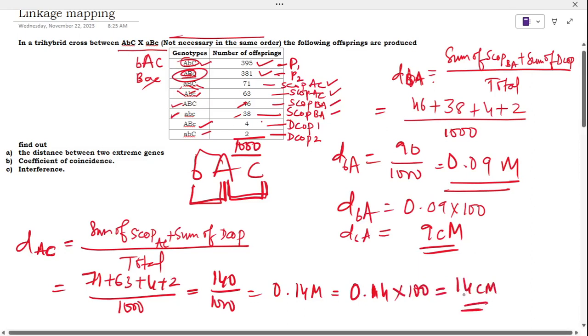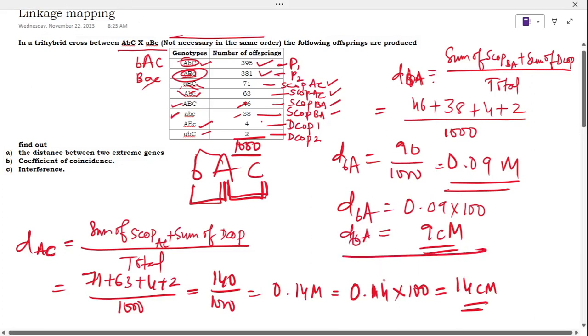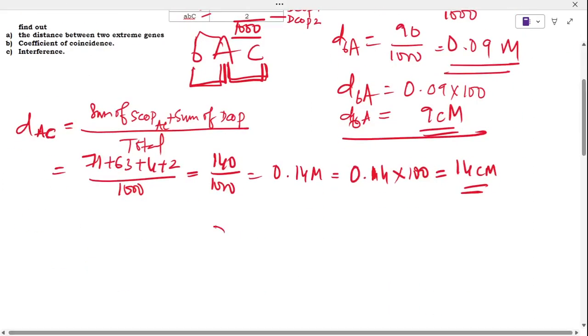So we calculated the distance between BA, right, and the distance between AC, right? So the distance between AC is 14 centimorgan, right? And this value is also important.